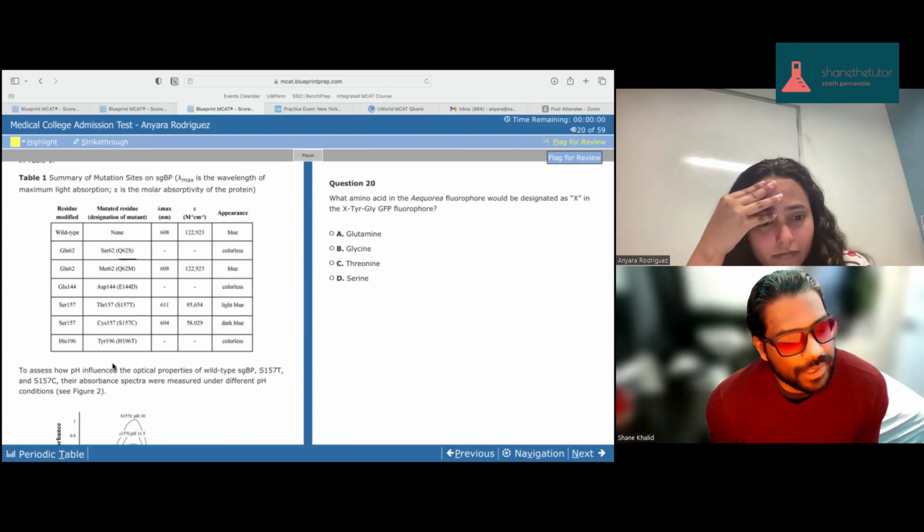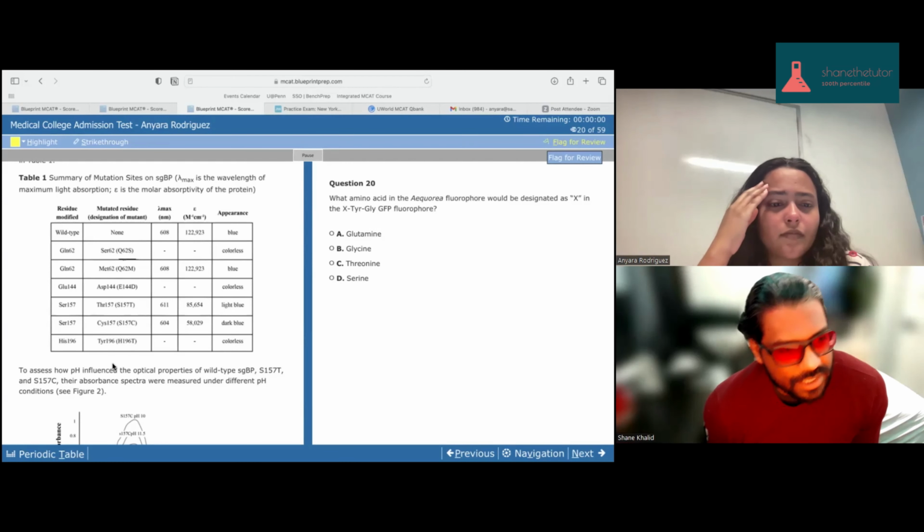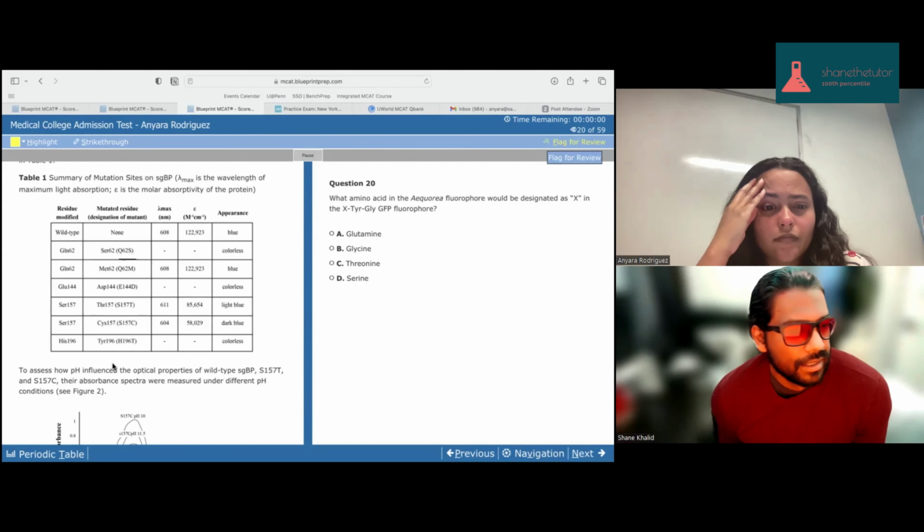And then we have, when we turn the glutamic acid to aspartic acid, we get something that's colorless again.